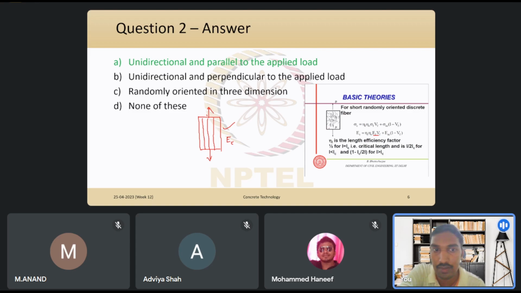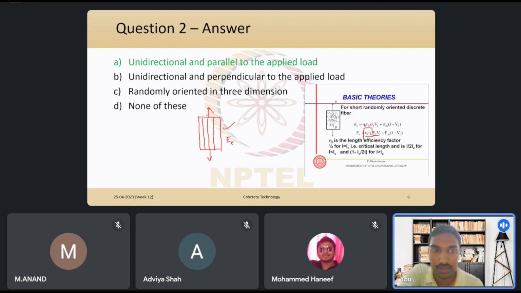In general we'll have fibers which have a higher elasticity modulus compared to your mortar. That will be in the ideal case. But when you have short and randomly oriented fibers, the first term will be multiplied by two factors, the length and the orientation efficiency factors.